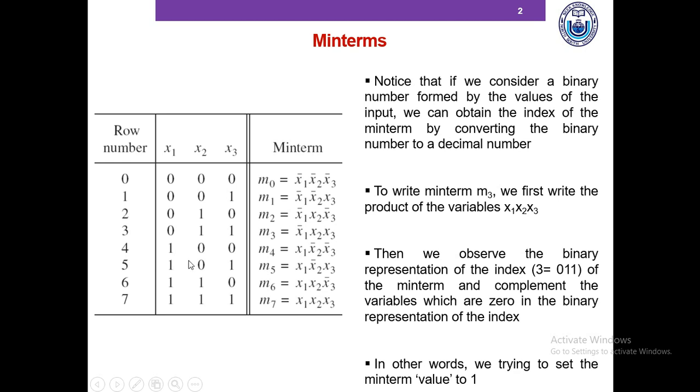The row numbers are chosen so that the number represented by the bit patterns of variables x1, x2 and x3 reflect the row index. This figure shows all the minterms of a 3-variable truth table. There is one minterm for each row of the truth table.